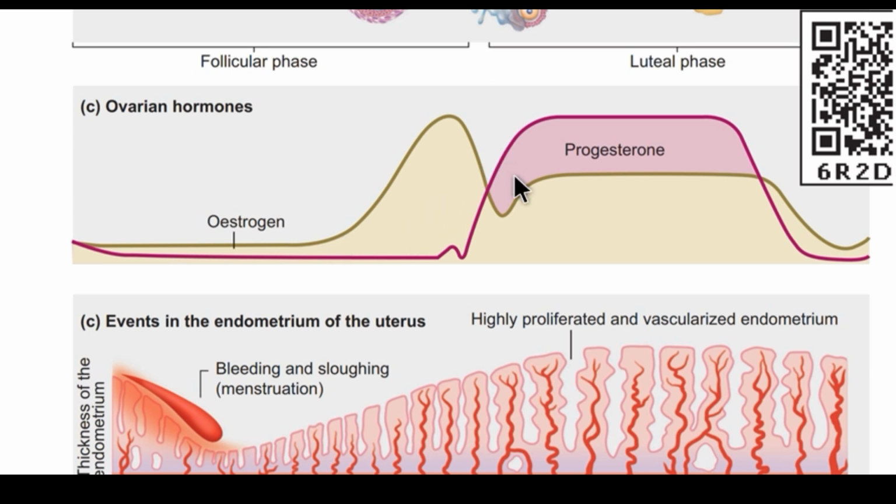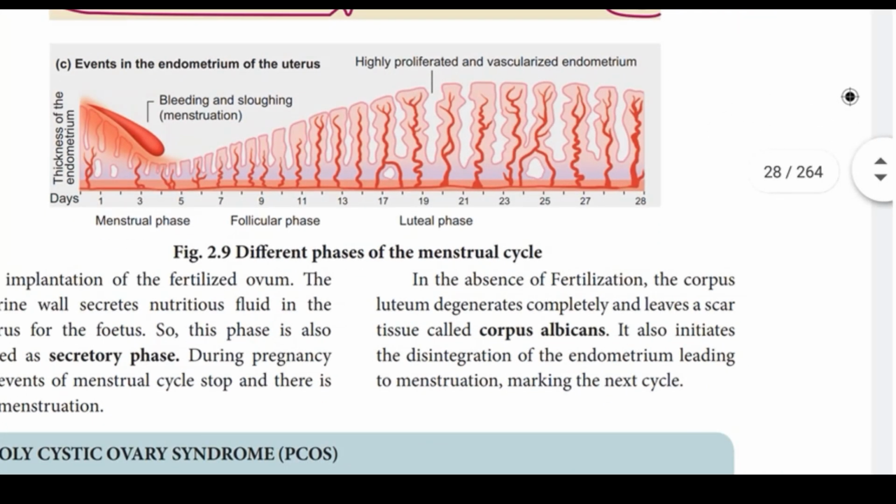After that it is reduced, and then progesterone is dominant, because if the embryo is to attach or implant in the uterus, progesterone is developed. Then events in the endometrium of the uterus. What will happen in the 4th stage? What will occur in the 4th stage?